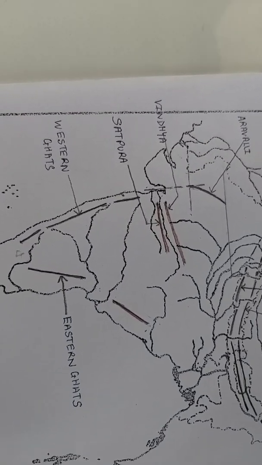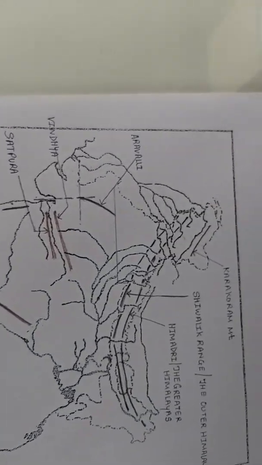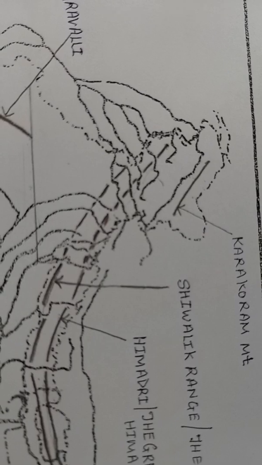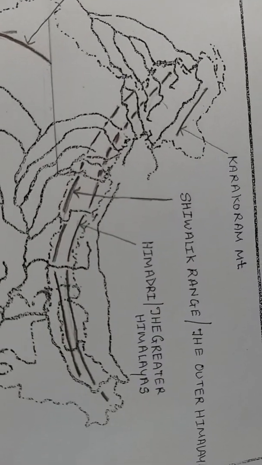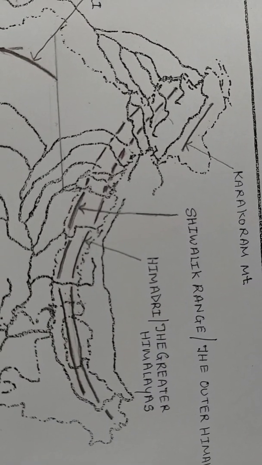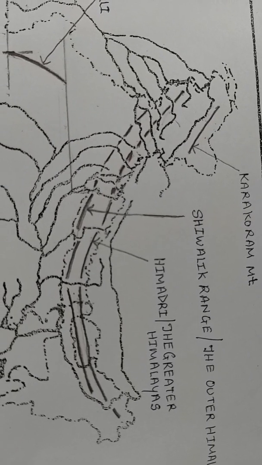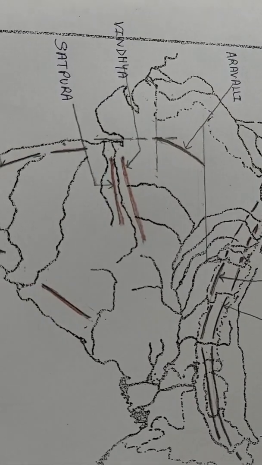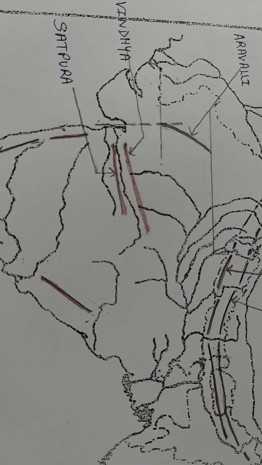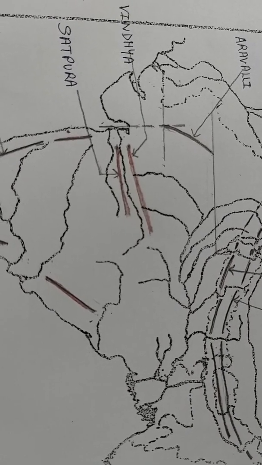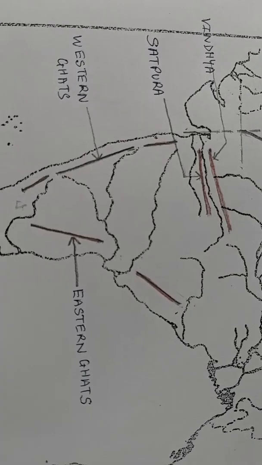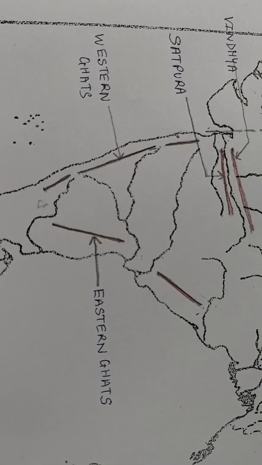So this was all about the mountains. We had learnt Karakoram mountain. We have learned two ranges of Himalayas, the northern range Himadri and the southern range Shivalik. Then we had learnt Aravali mountains, Vindhya mountains, Satpura mountains, Western Ghats and Eastern Ghats.